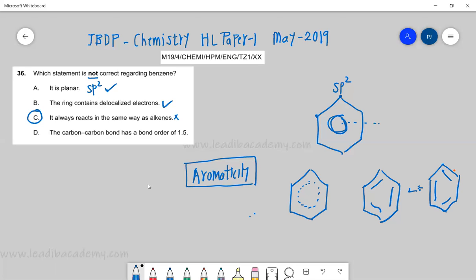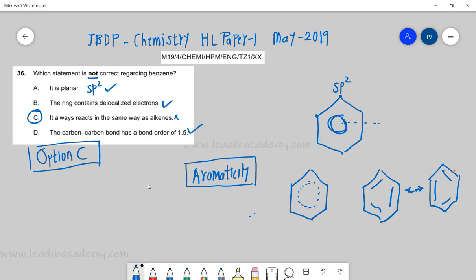Both these structures are basically alternating, so none of them is strictly correct. The bond order is between 1 and 2, around 1.5. So again, this is the correct statement. The only one which is not true for benzene is C, and therefore the correct option is C.